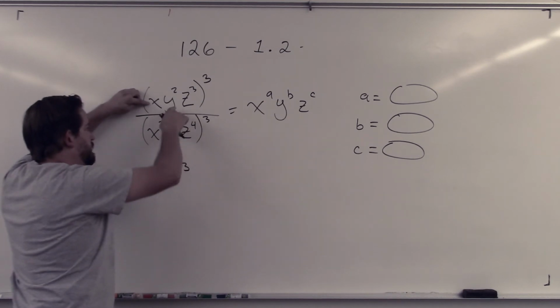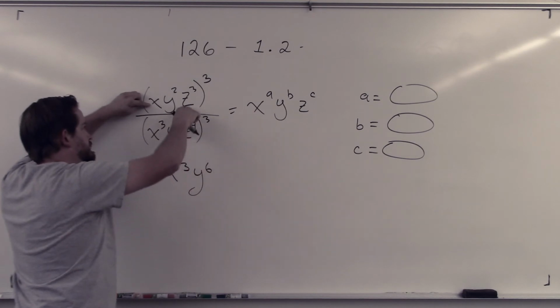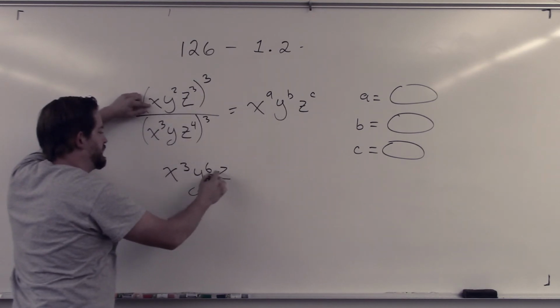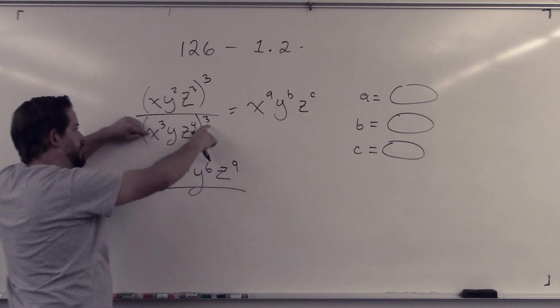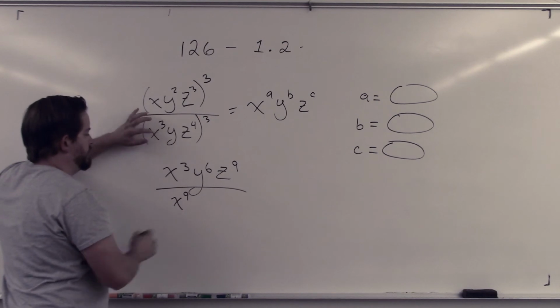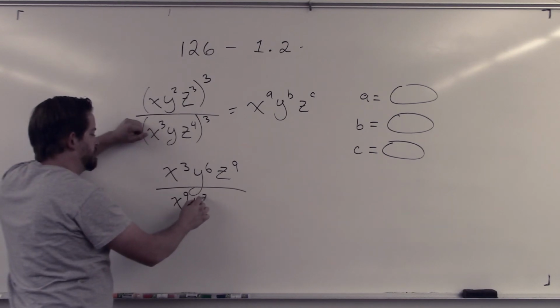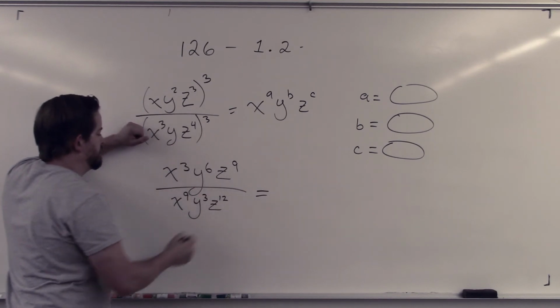Y to the 2 times 3 becomes y to the 6. Z to the 3 times 3 is z to the 9. And then the denominator, I get x to the 9, y to the 3, and z to the 12, 4 times 3.